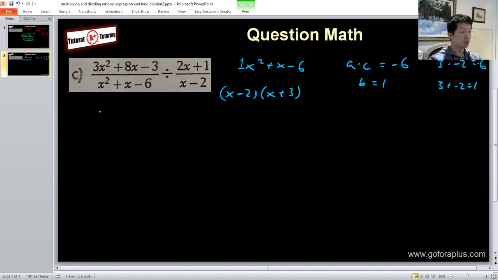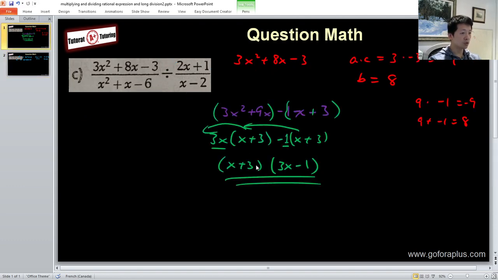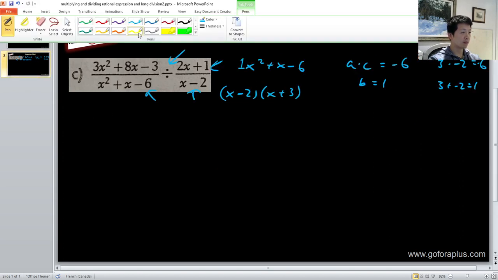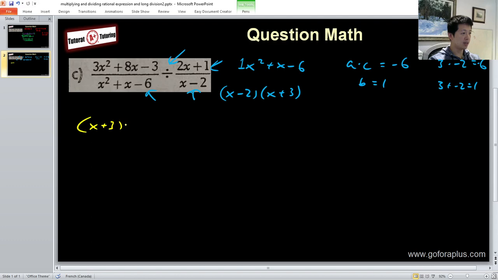So at this point, I can change my division into multiplication. Remember, for division, the restriction I have to take from this one and this one. So what I have here, the first term is x plus 3 and 3x minus 1, right? x plus 3 and 3x minus 1, that's on top.